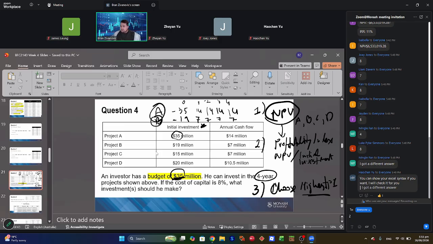Let's get the net present value first, then calculate the profitability index, and then rank them from highest to lowest, and see which one fits best.